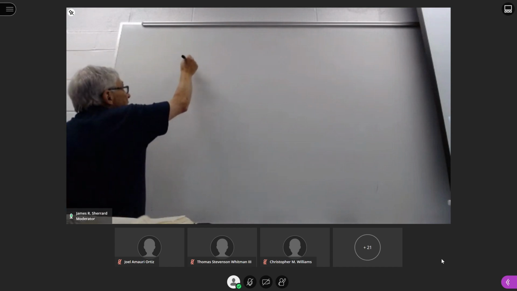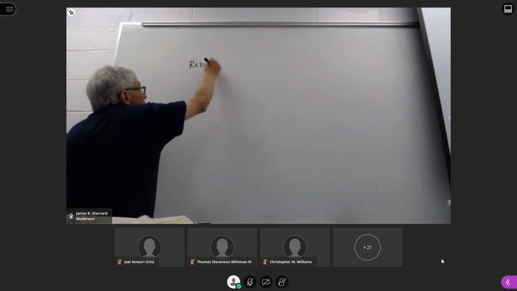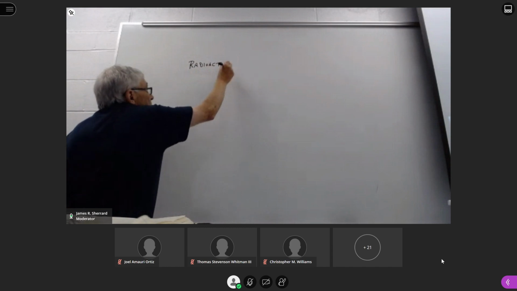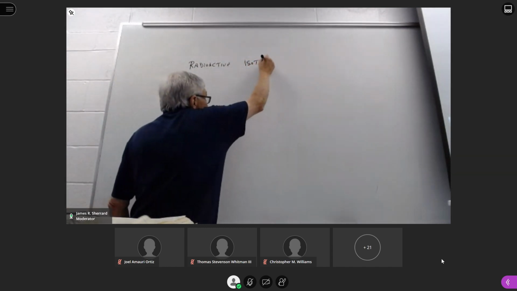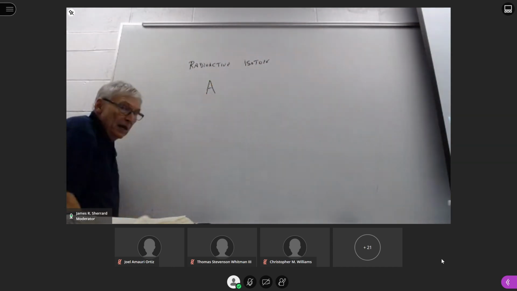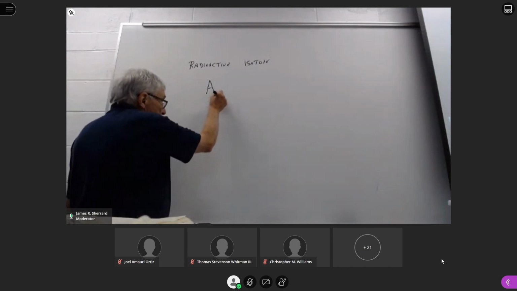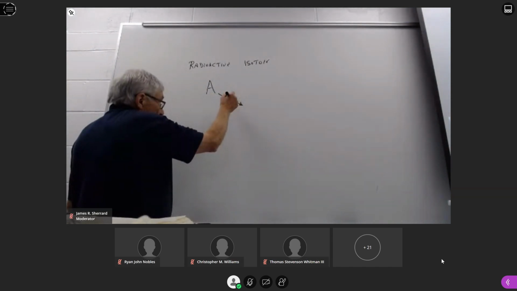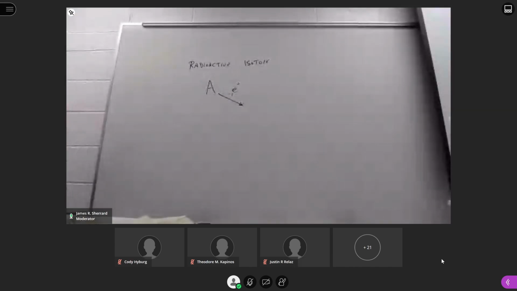Let's say I have a radioactive isotope. Let's call this A. And let's say it wants to decay by electron emission.